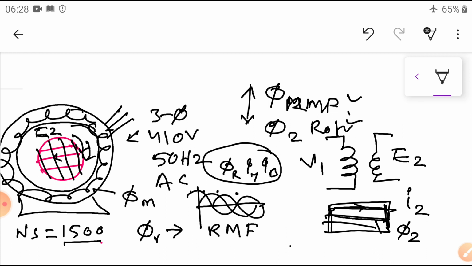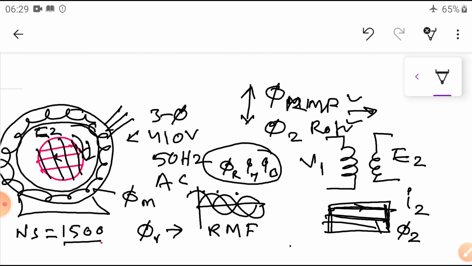Hence the rotor will try to rotate in the same direction as the rotating magnetic field, trying to catch the rotating magnetic field, that may be 1500 rpm, but it never reaches 1500 rpm due to frictional and windage losses. Then the torque is developed, the torque tries to rotate the rotor in the same direction, and the motor is started.